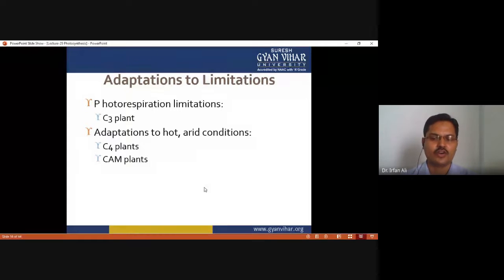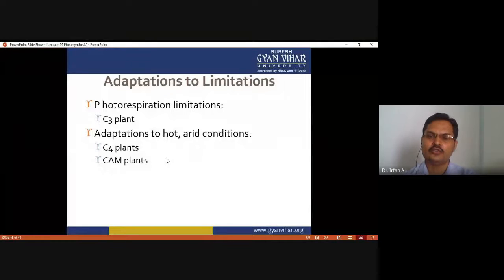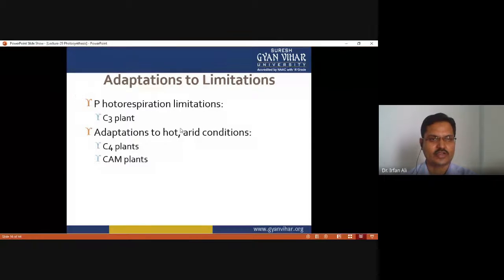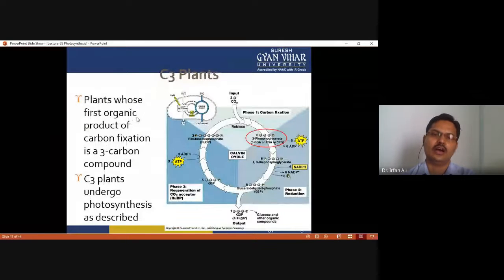We have to focus on that to prevent water loss as well as to prevent photorespiration. Now the Calvin cycle, which we discuss in this lecture, is carried out by plants called C3 plants, with no other adaptation.